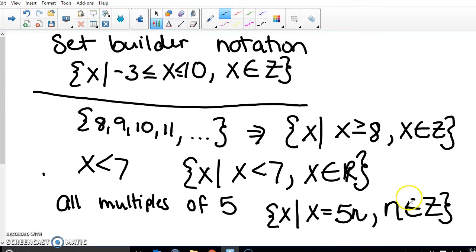We're not going to do real numbers because we don't want to include the decimals, because those would not be multiples that apply. We're looking at 5, negative 5, 10, negative 10, negative 15, and such.